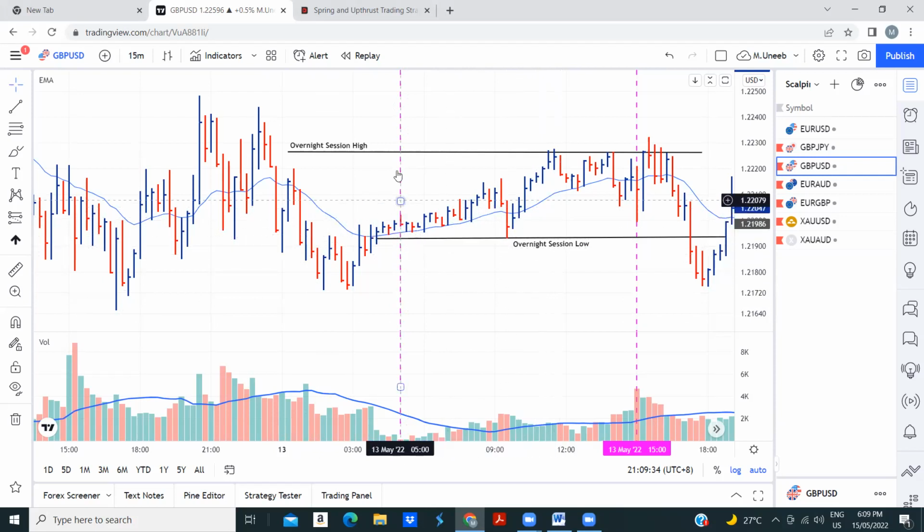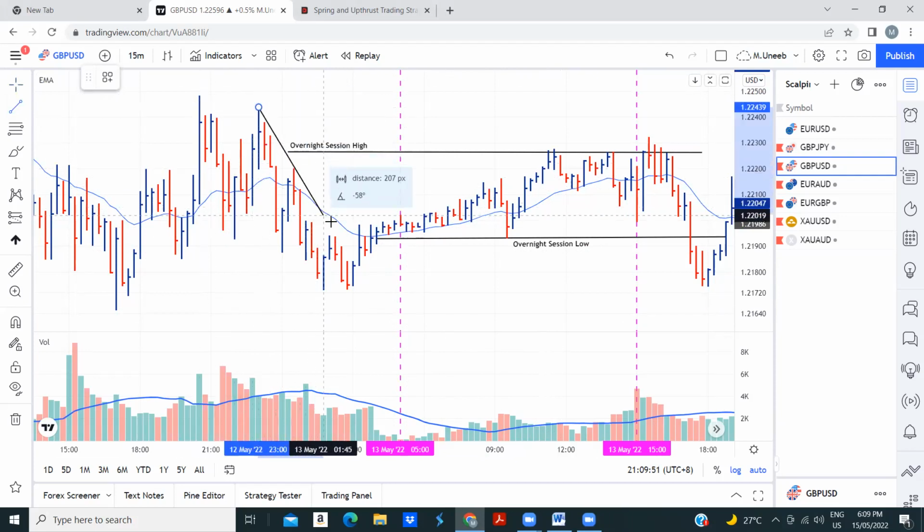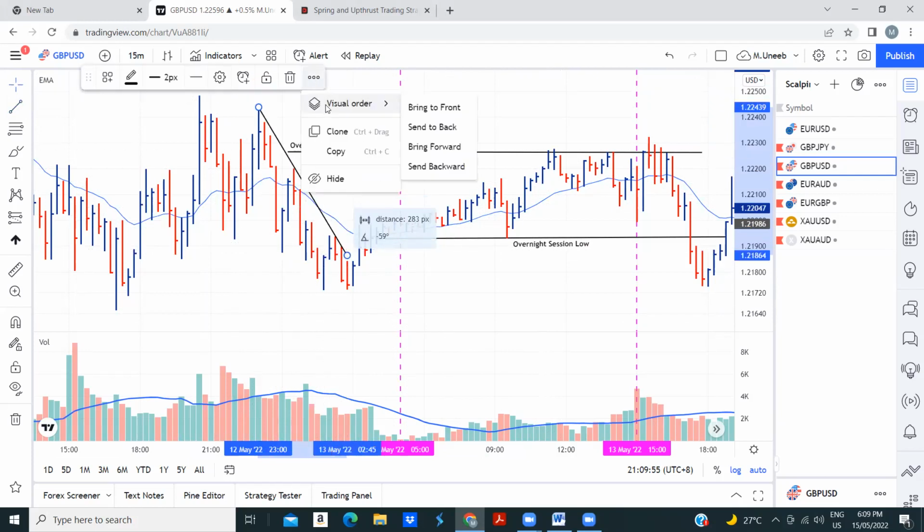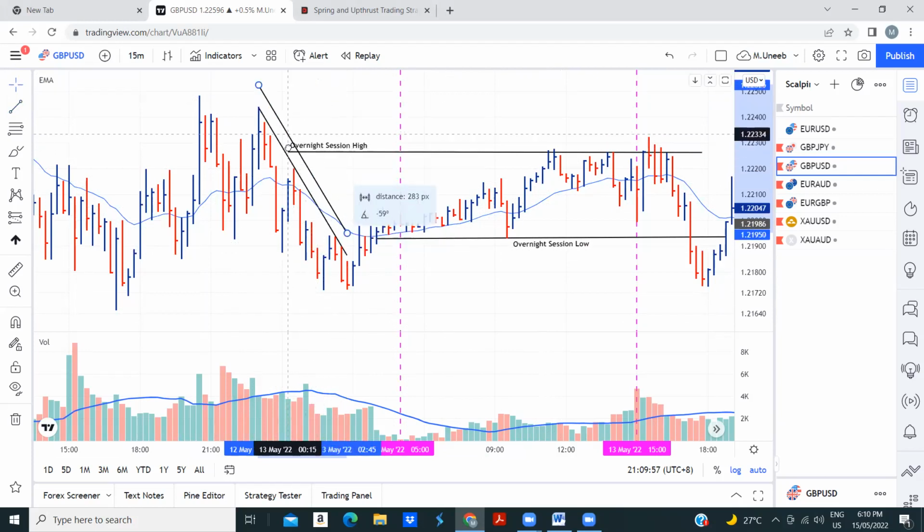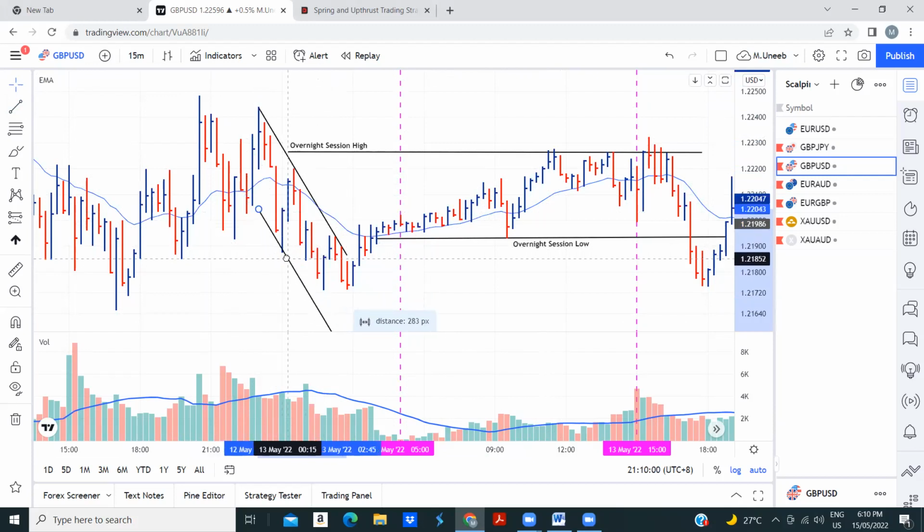Before the overnight session, this London Open, what do we notice in London Open? A downtrend? Is it a downtrend, if I draw this little channel here? So what is happening into the overnight session?